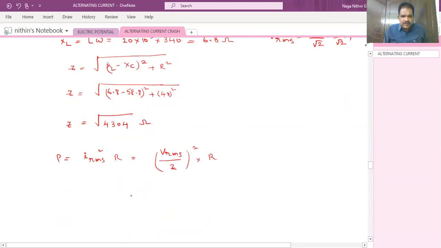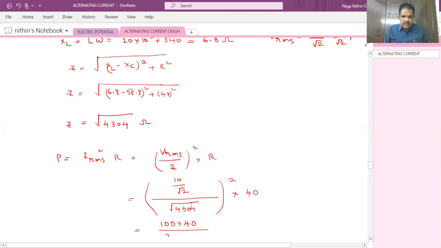So here, if we substitute 10 by root 2, this value, 4304 whole square, into resistance value 40. Okay. So here it will be 100 by 2, 10 square, 40 is there.